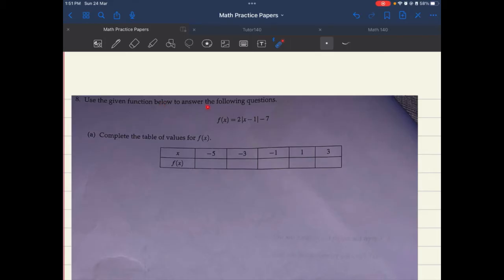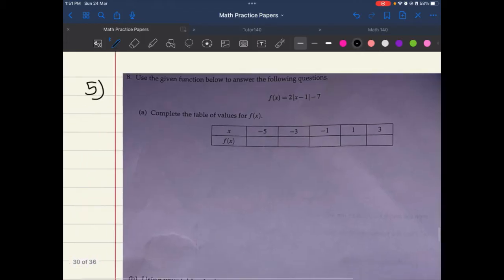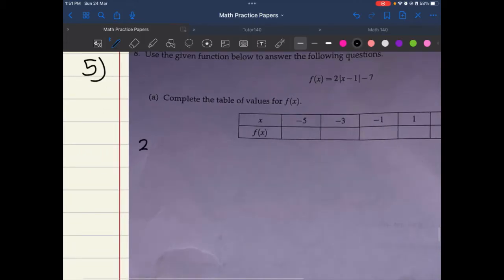Use the given function below to answer the following questions. F of x equals 2 times the absolute value of x minus 1, minus 7. Complete the table of values for f of x. To solve this, just substitute each number for x and then find f of x. First one, 2 times the absolute value of -5 minus 1, and then minus 7.